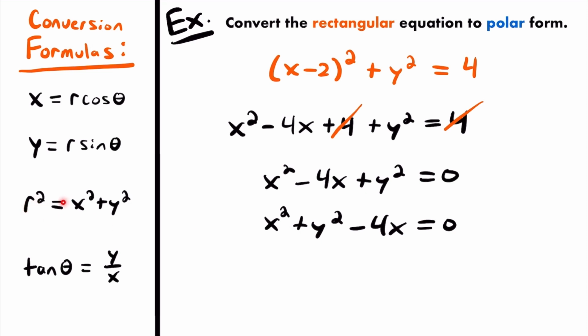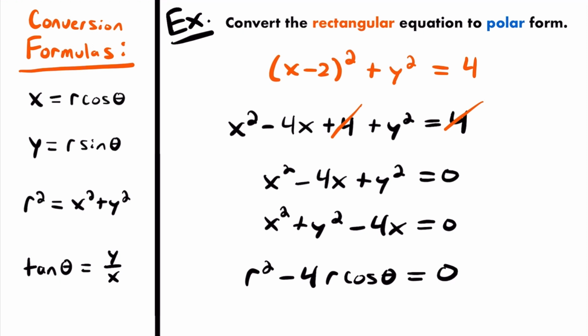R squared is equal to x squared plus y squared. That's always going to be an easier substitution than replacing x and y with r cosine theta and r sine theta. All right, so we can replace that with r squared. So I'll do that. We'll have r squared minus 4 times x, but we can replace x with r times cosine theta. So I'll write that in. We'll have r times cosine theta, and that is equal to 0.